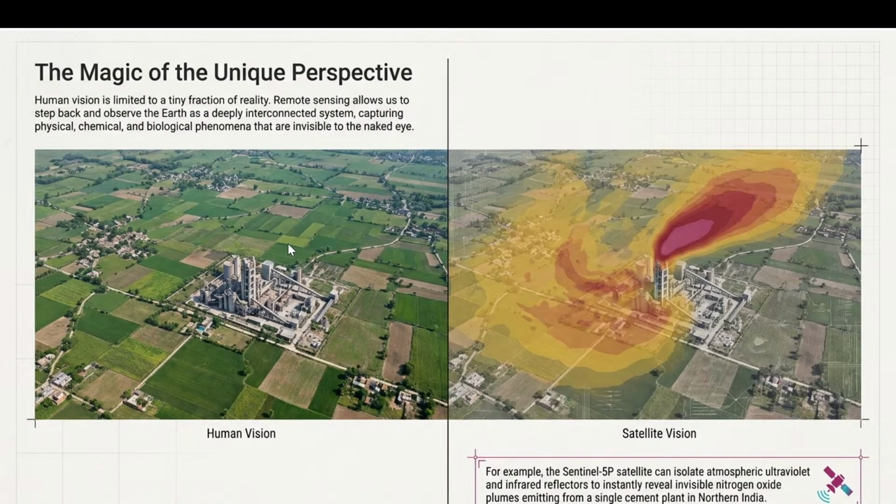But with normal human vision, we cannot observe this type of gas. When you use the satellite sensor, we can easily detect different types of atmospheric pollution. Infrared reflectors instantly reveal the invisible nitrogen dioxide emitted from a single cement plant in North India. We can easily identify the pollution.